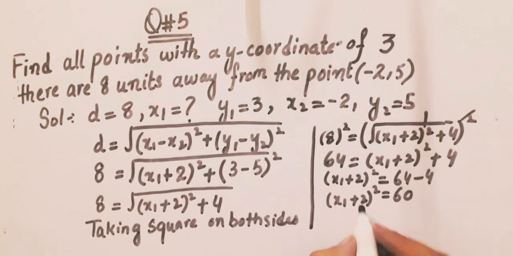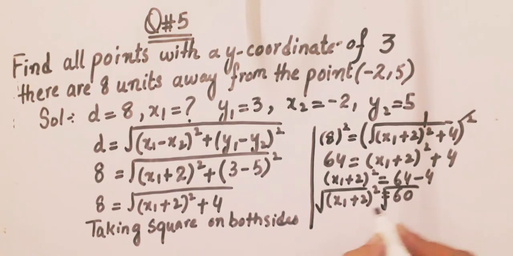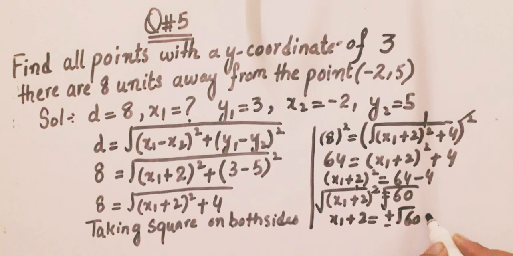Now you will take square root on both sides. By taking square root on both sides, you will have x1 plus 2 is equal to plus minus square root of 60, and plus minus square root of 60 is equal to plus minus 2 square root of 15.